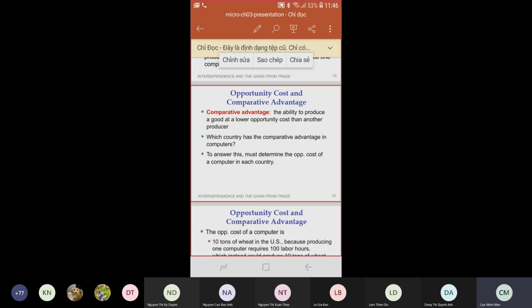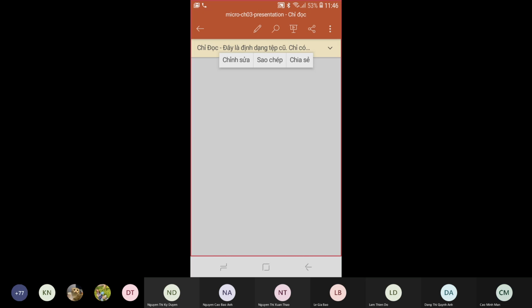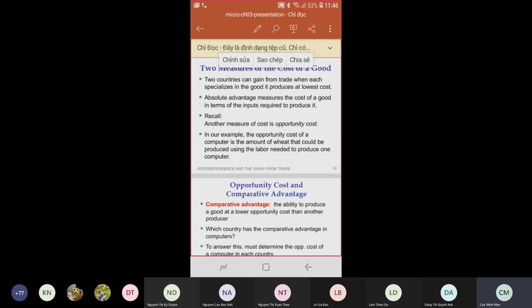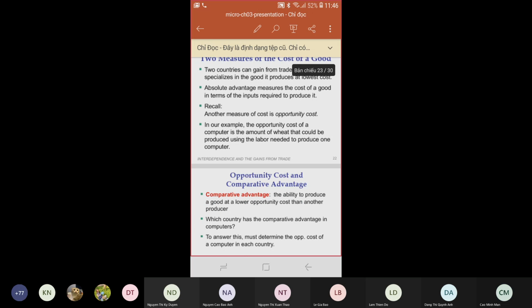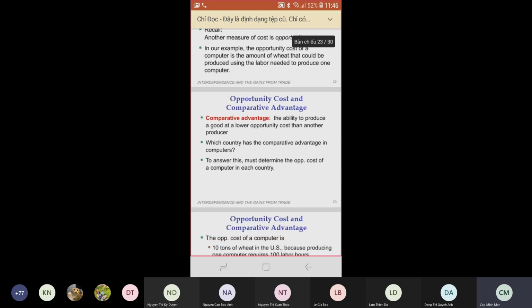And Japan has competitive advantage in producing computers in relation with that of the US. So based on the argument of the theory of competitive advantage, Japan should produce and export computers to the US. We end this chapter.